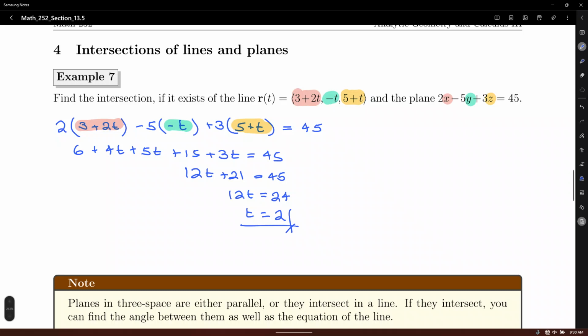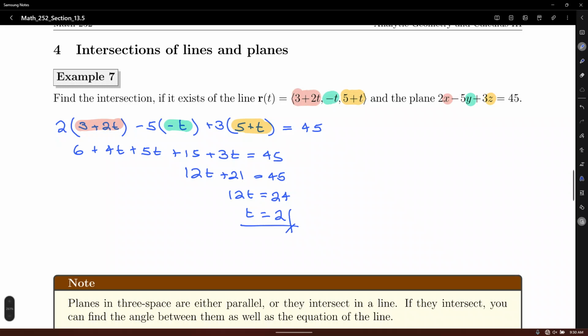So we have different positions, different points at different values of t, at different times, to keep it simple. So we are looking for the specific time at which the line will cross with the plane. What is that value of t? Well, what we just found: after 2 seconds, or 2 minutes, or 2 hours, depending on the context. We don't have any context in it.